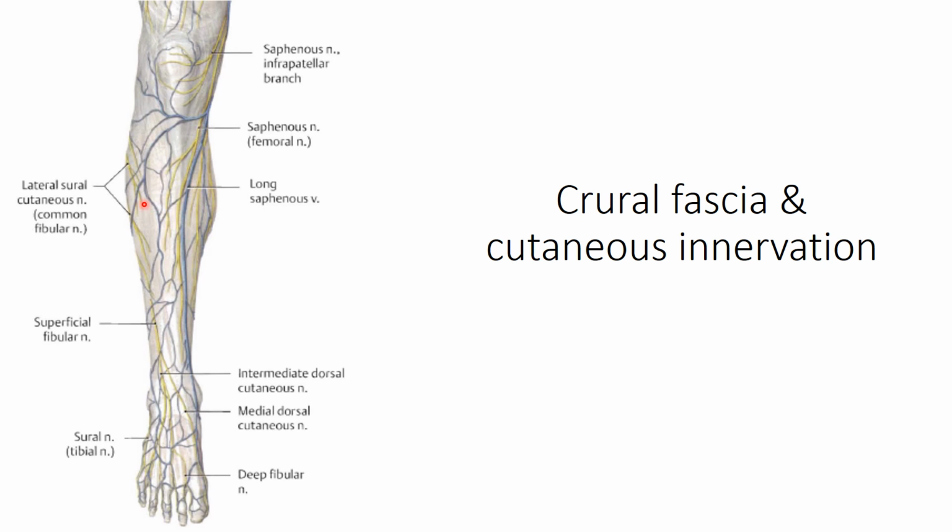First of all, the deep fascia of the leg, which is known as the crural fascia. This is a thickened fascia, and it is the continuation of the fascia lata of the thigh, and it envelops the leg all around. So start with the anterior border of the tibia, which is a palpable subcutaneous structure.